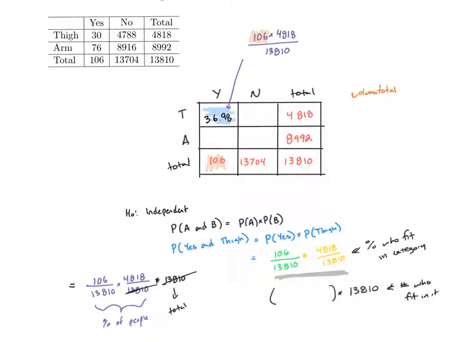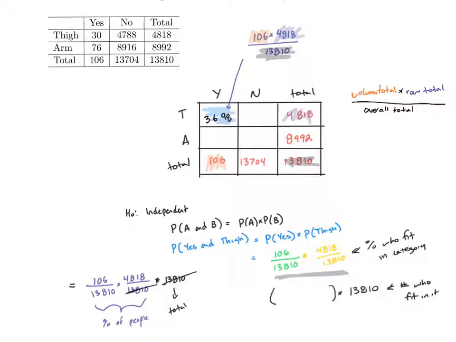So I have 106, which is my column total, and I multiply it by this 4,818, and that 4,818 came from over here, and what that corresponds to is actually my row total. So on the top, I have my column total times my row total. Now on the bottom, I ended up with this 13,810. And that 13,810 came from right here, which is my overall total. Or my sample size, if you'd prefer.